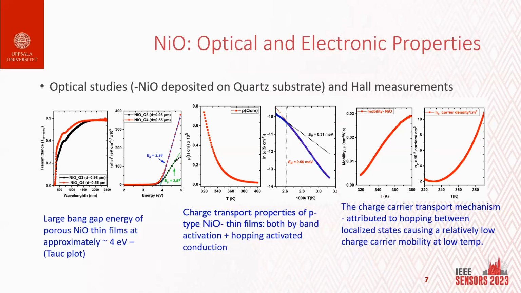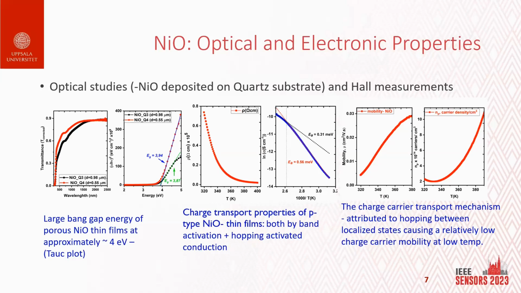We look into the resistivity measurements from the Hall measurements here. We see a very high resistivity for the nickel oxide and a decrease with temperature, which is very common for metal oxides. We also look into the Arrhenius plots of the nickel oxide at very low temperatures, between 250 and 300 Kelvin.